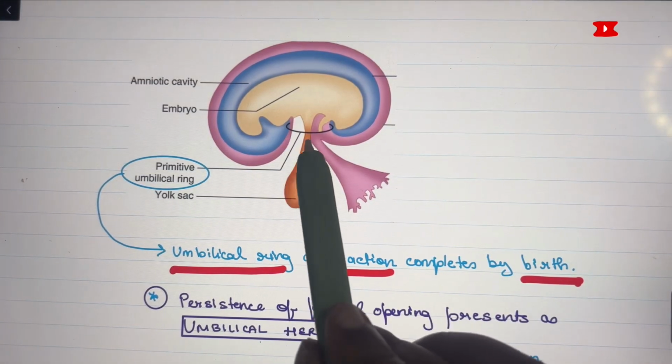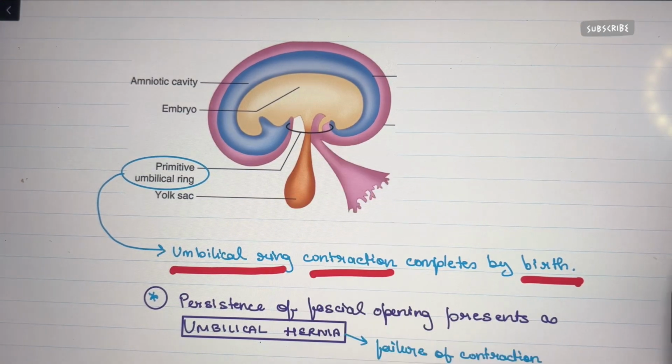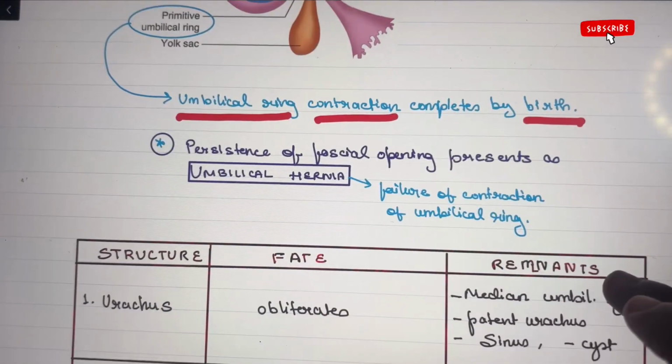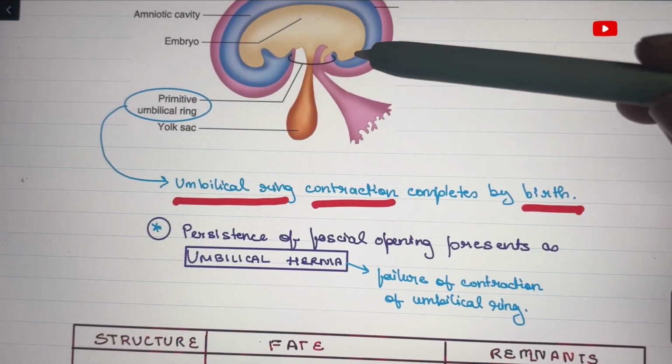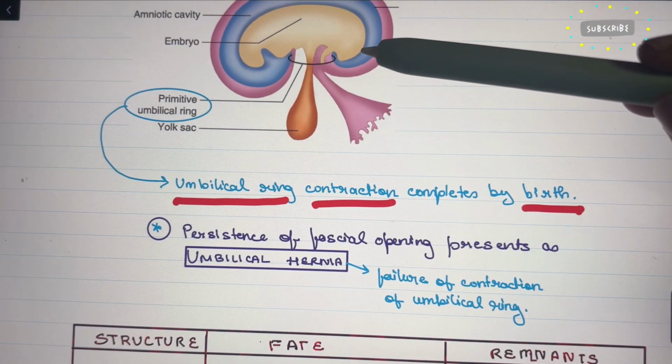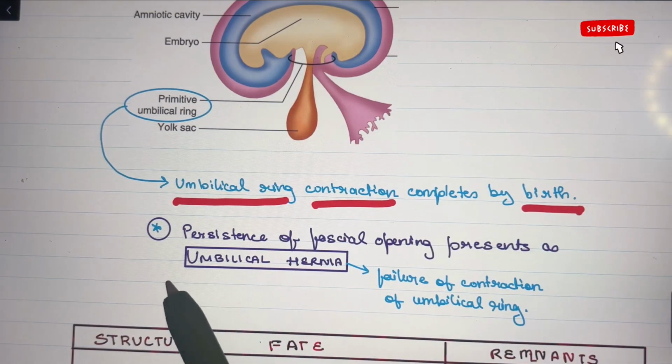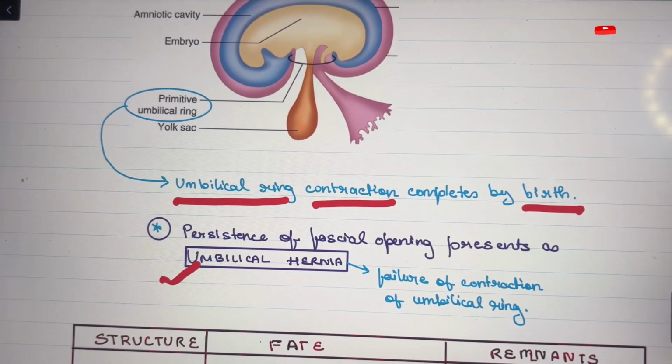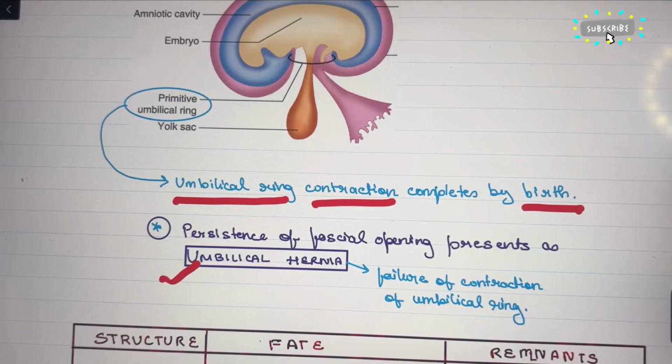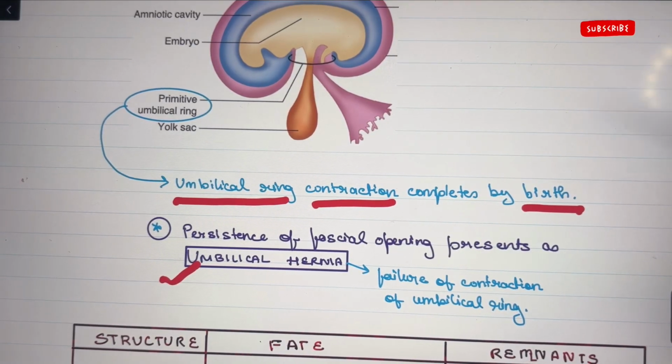This umbilical ring which you see in black color, this contraction is completed by birth. If there is persistence of this umbilical ring and it doesn't contract, then there will be umbilical hernia.